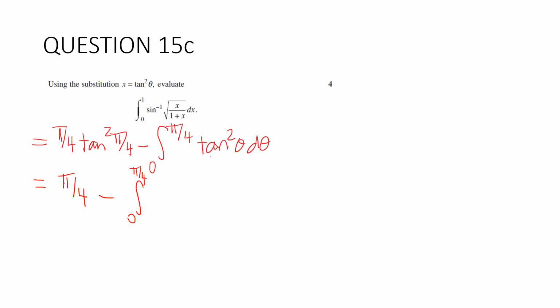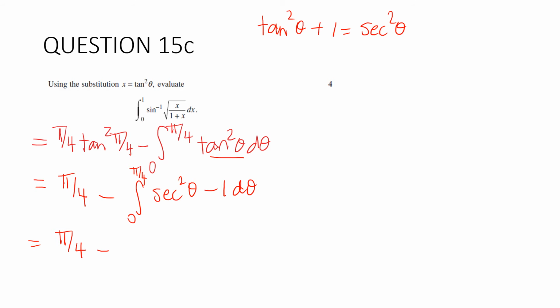Now, instead of tan squared theta, remember that tan squared theta plus 1 is equal to sec squared theta. So I'm going to replace this with sec squared theta, take away 1 d theta, which is equal to pi on 4, take away, and the integral of sec squared theta is tan theta, take away theta between 0 and pi on 4.